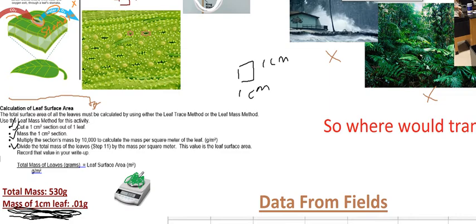So 530 grams. What do we do mathematically to get some of these numbers? So pay close attention. I have done step one. I have cut out the 1 centimeter section of a leaf, and I massed it to be 0.01 grams. Then I multiply that by 10,000.